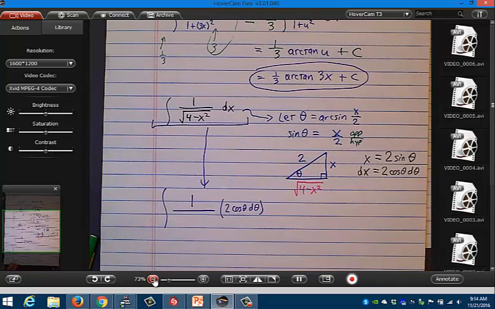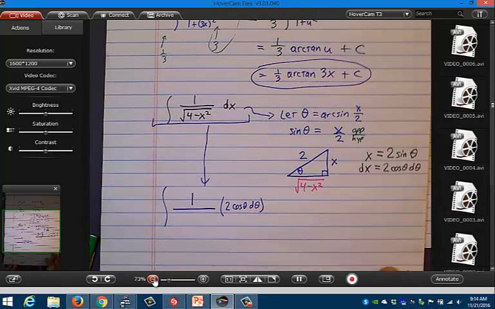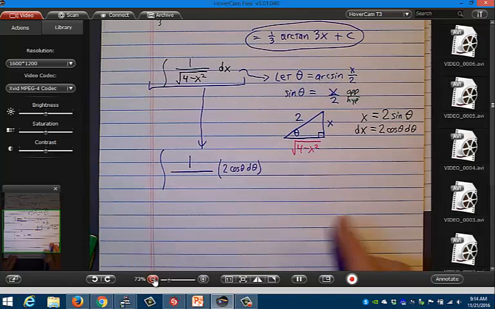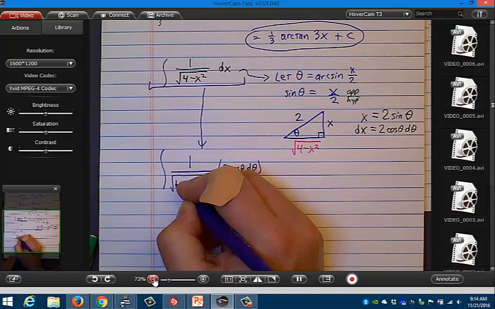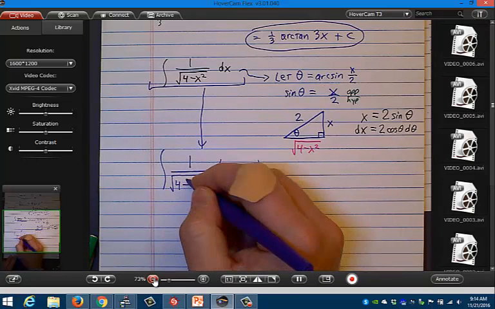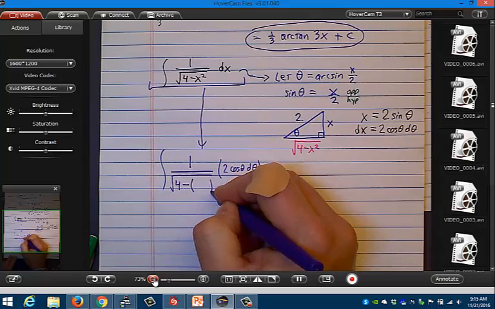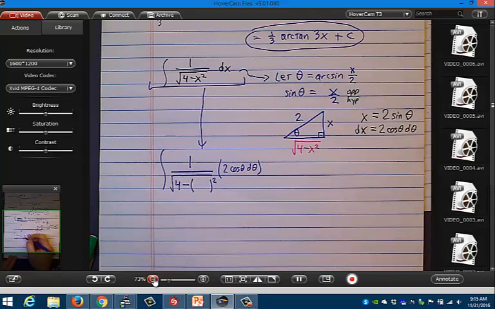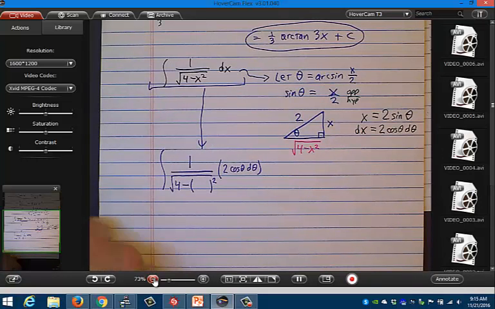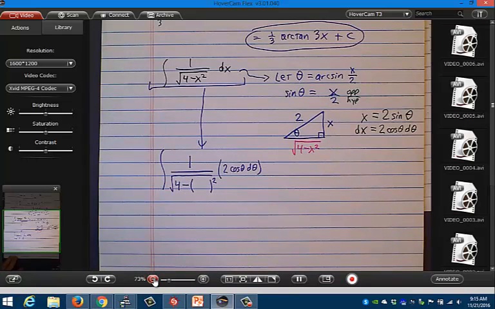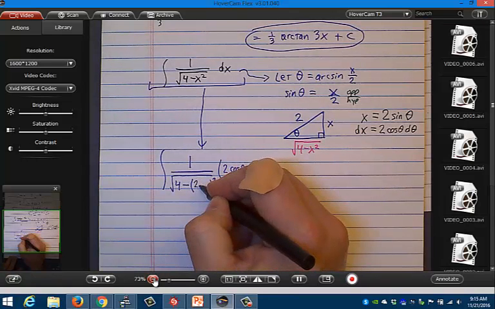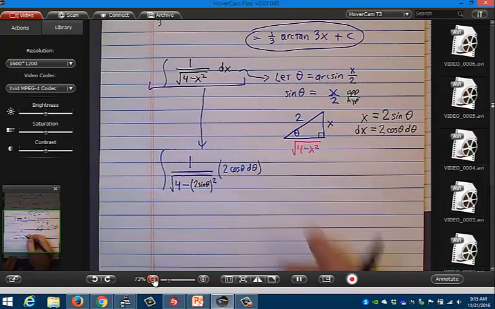You guys do the denominator. Where does the substitution happen? There's a square root, and then there's a 4 minus, and then there's stuff squared. Now, what goes in that parentheses? Not x anymore. What am I going to write? 2 sine of theta. Okay?